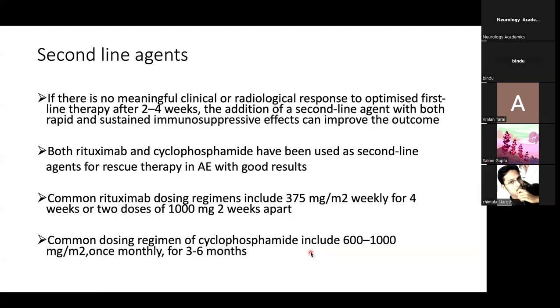Common rituximab dosing regimens include 375 milligram per meter square weekly for 4 weeks, or 2 doses of 1000 milligram 2 weeks apart. Common cyclophosphamide dosing regimen includes 600 to 1000 milligram per meter square once monthly for 3 to 6 months.